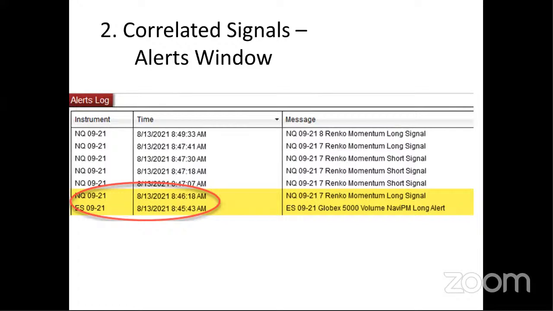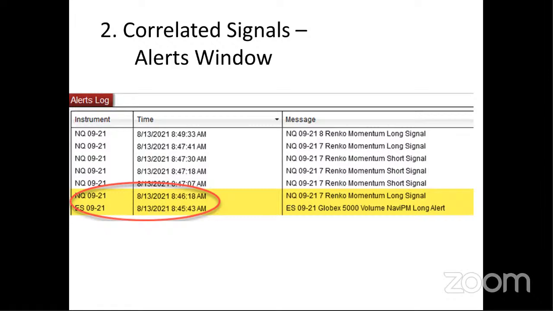All right, so a lot of questions I get from people are, do we have alerts? And the answer to that is yes, we have. The alerts log, you can see here I've got a long signal right here on the NASDAQ and the E-mini, these 2 that are highlighted on the screen.